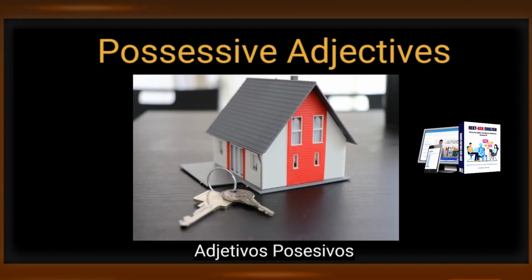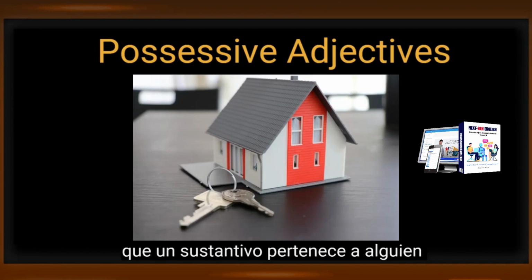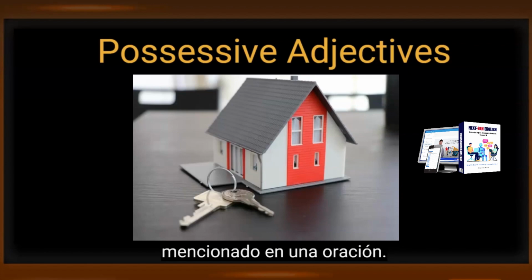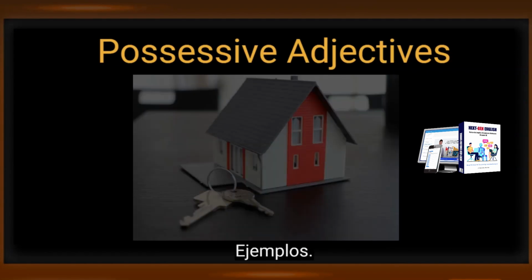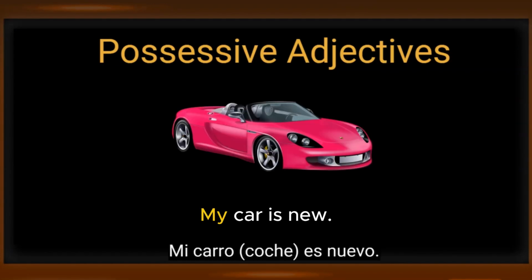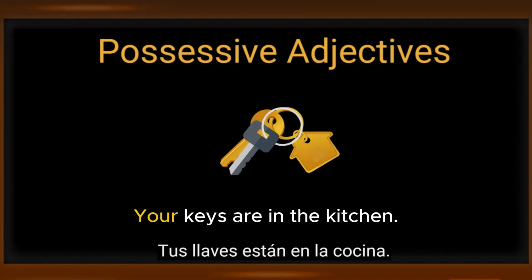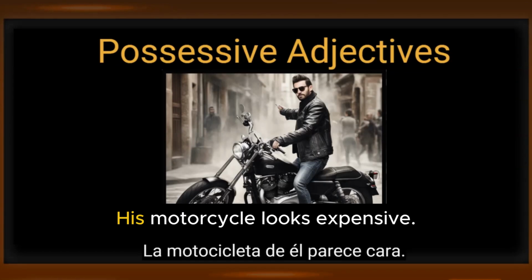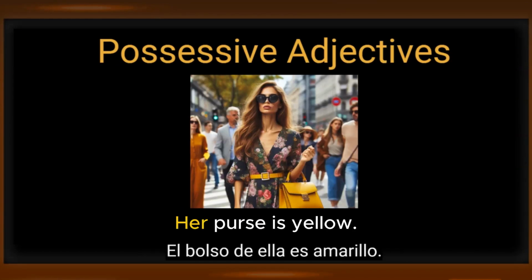Possessive adjectives. This type of adjective indicates that a noun belongs to somebody mentioned in a sentence. Examples: My car is new. Your keys are in the kitchen. His motorcycle looks expensive. Her purse is yellow.